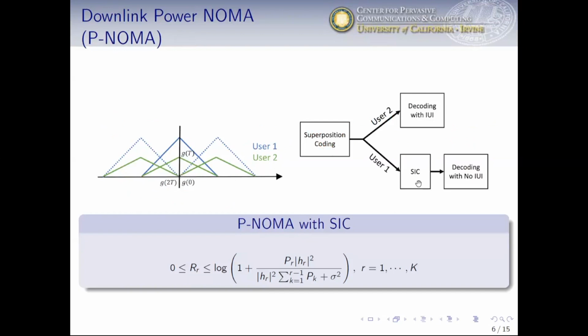At the receiver, the stronger user first decodes the signal of the weaker user and then cancels its interference using successive interference cancellation, and then decodes its own signal without any inter-user interference. The weaker user will consider the signal of the stronger user as noise and will decode it, which results in inter-user interference.